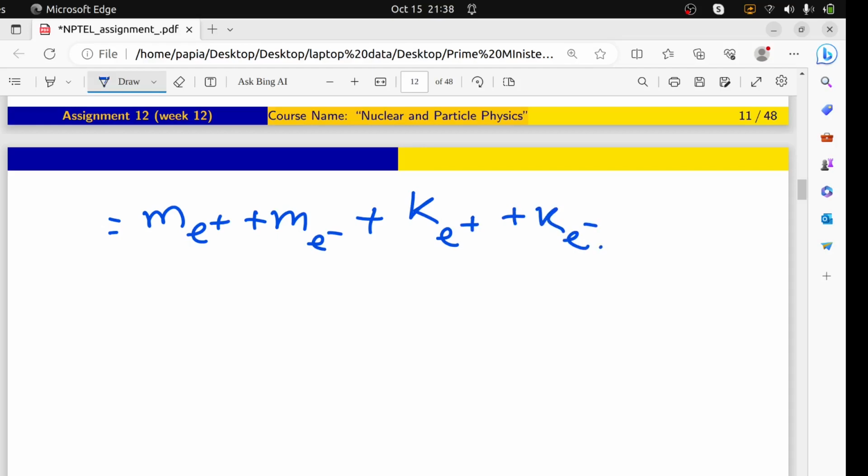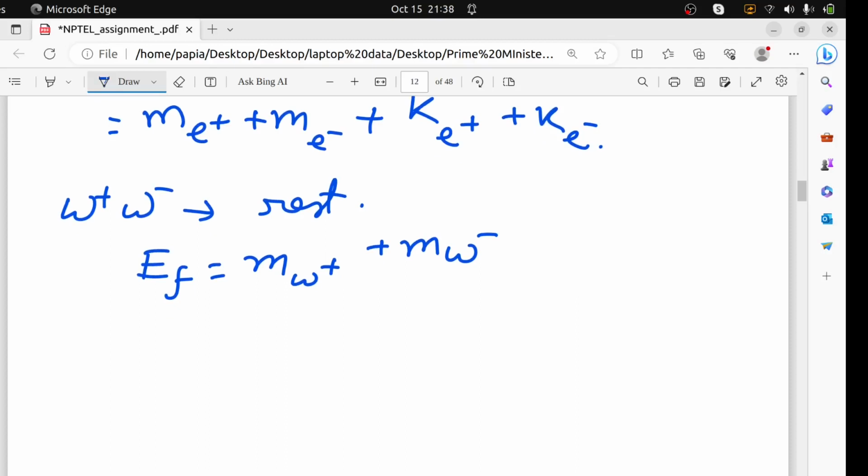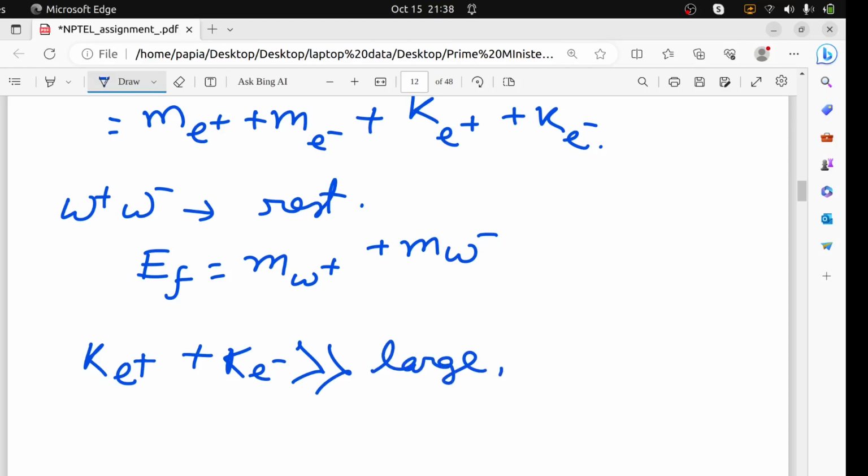And we are making the same assumption that the W+ W- are all at rest. So for that case the total energy EF will be mW+ plus mW-. Now you can see that if by any means the kinetic energy of e+ plus the kinetic energy of e- is very large, then EI can be comparable to EF, or even much greater than EF.